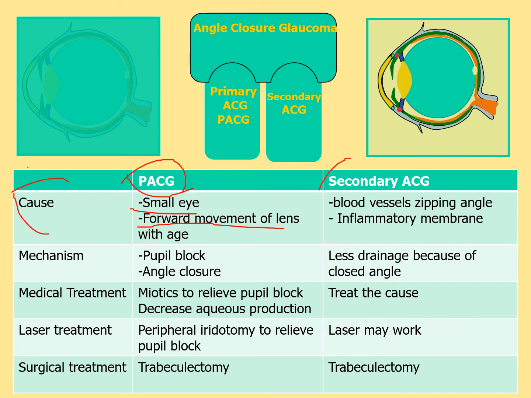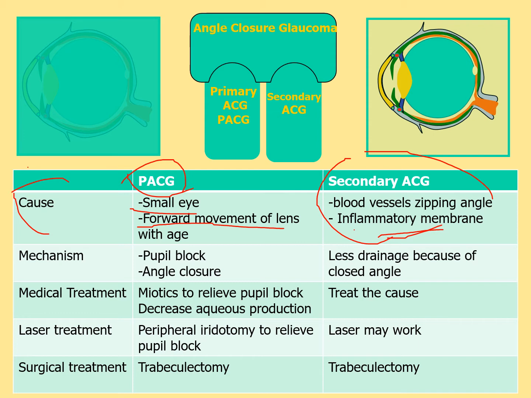While the cause in secondary angle closure glaucoma is that blood vessels may develop in the anterior chamber and pull the iris anteriorly to close the angle, or there may be an inflammatory membrane that contracts and pulls the iris forward and closes the angle.